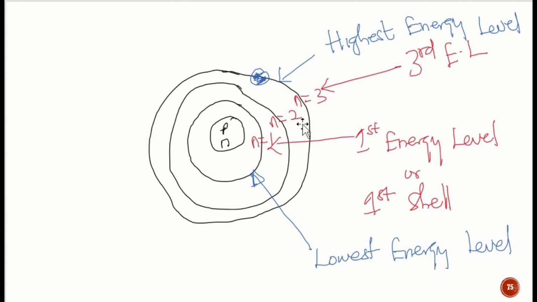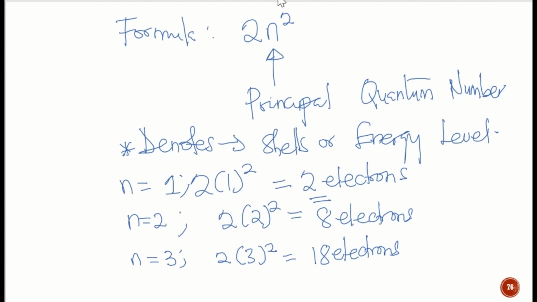So electrons closer to the nucleus are regarded to have lower energies. Now we said we can use the formula 2n squared to find out the number of electrons that a particular shell or energy level can occupy, where n is our principal quantum number and n is greater than or equal to 1.